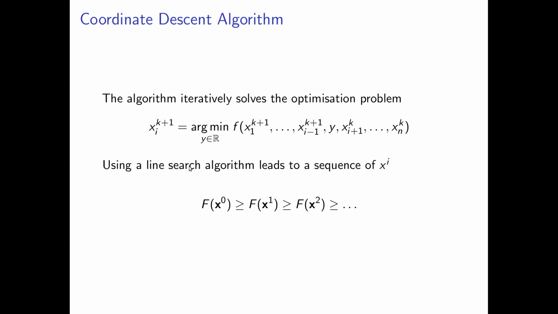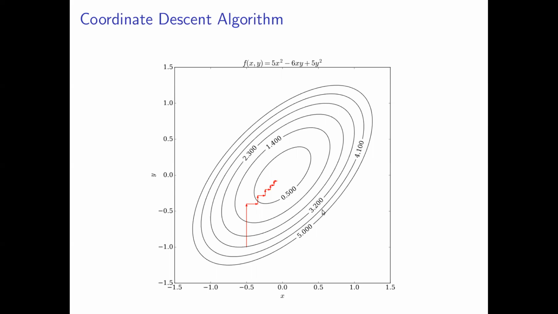Based on some line search algorithm, we will obtain a sequence of such x0, x1, x2 vectors in higher dimensions, which will lead us closer and closer to where we want to get.